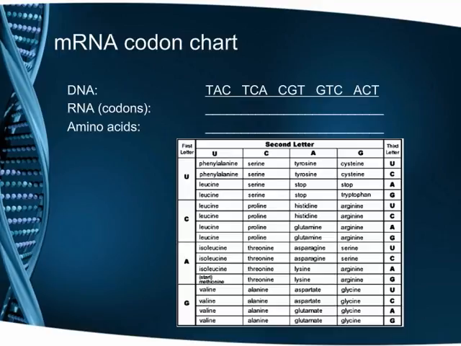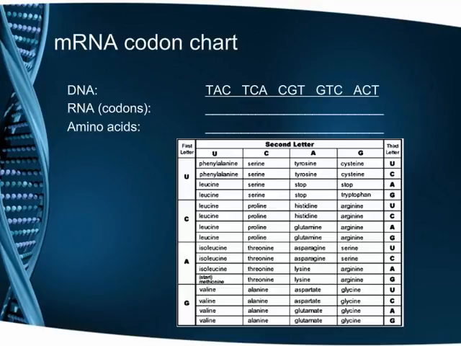We can then take those RNA codons and a codon chart and determine the amino acid sequence. Look carefully at the codon chart. You are first going to locate the first letter in the codon.